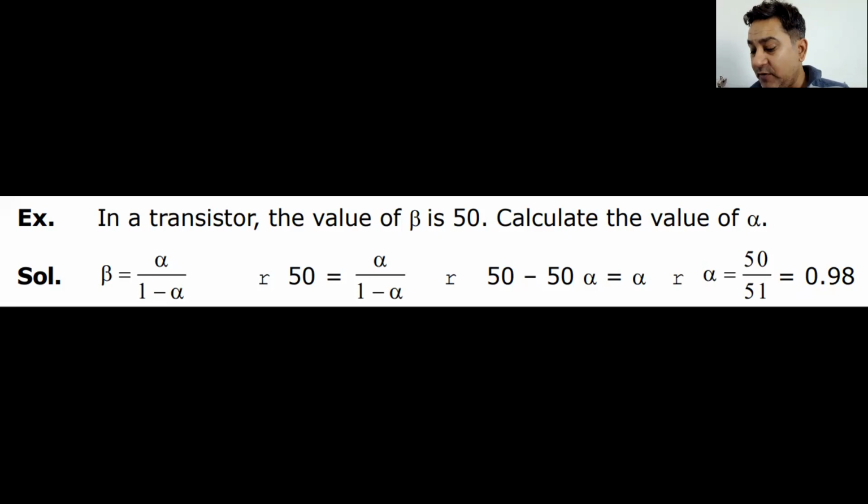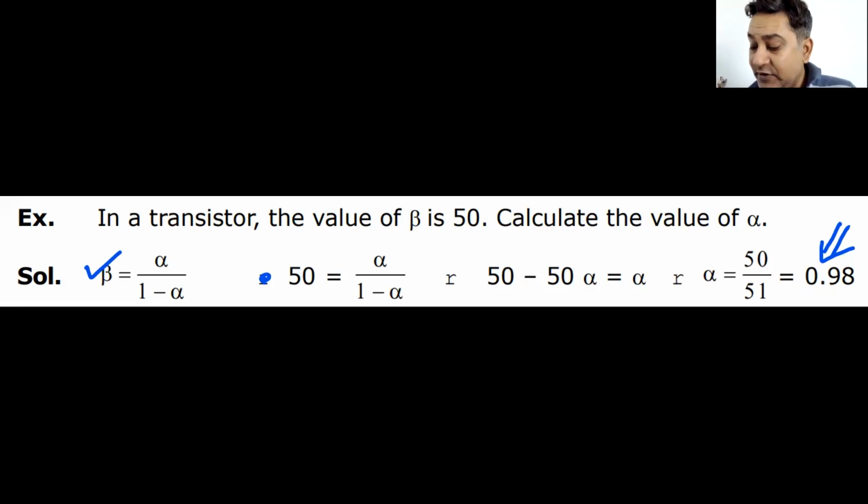We'll have to use the formula of relation between beta and alpha. Do we remember this formula? Yes, sir. Then put the value and get the answer. Remember, alpha is always less than 1. Do we remember this? Yes, sir.